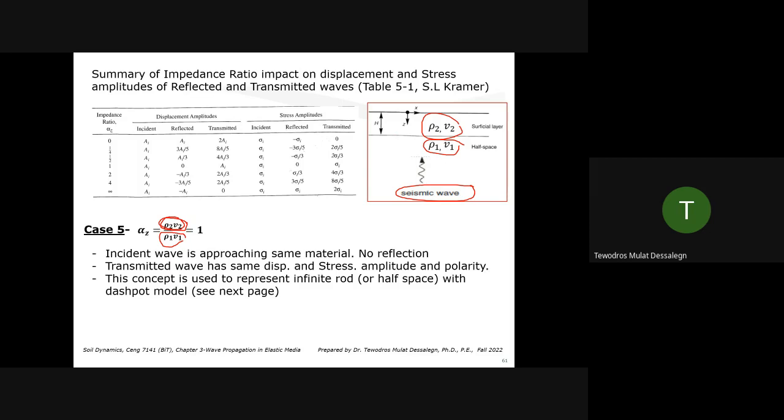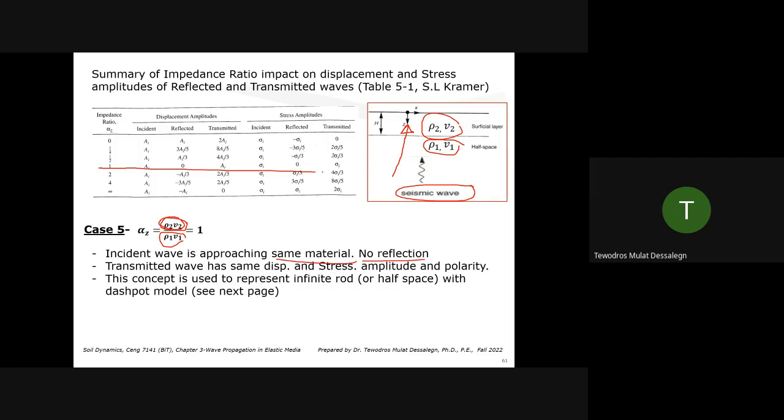But for a seismic wave, it feels the same. So the incident wave is approaching the same material. No reflection. Even if you have different densities, different velocities, as far as the product is the same, no reflection. It just goes through, as if there is no boundary, because the impedance ratio is 1.